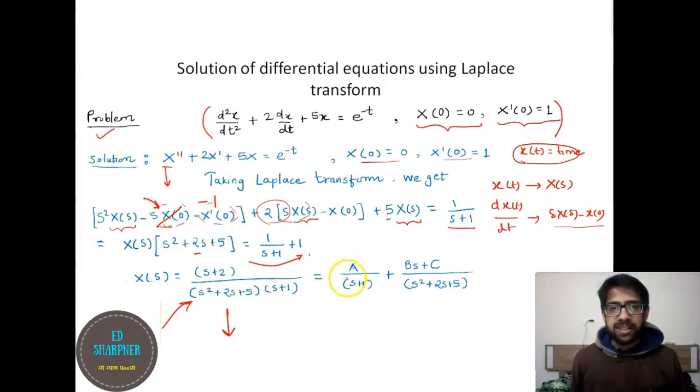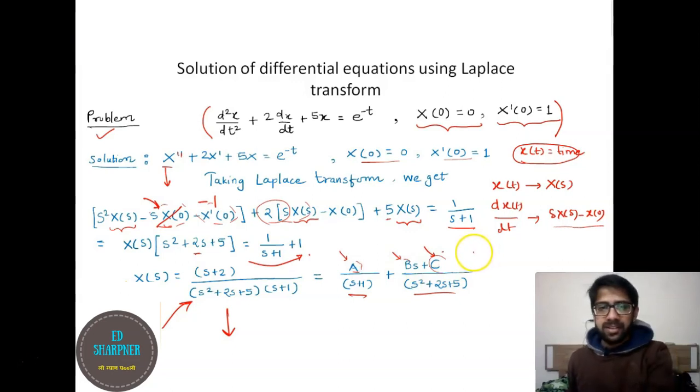What is partial fractions? The denominators are separated like these, and the numerators are chosen as unknowns a, b, and c. The degree that we have chosen in each numerator is 1 less than the denominator. And when we find out the values of a, b, and c, you will see how we can find out the inverse Laplace.